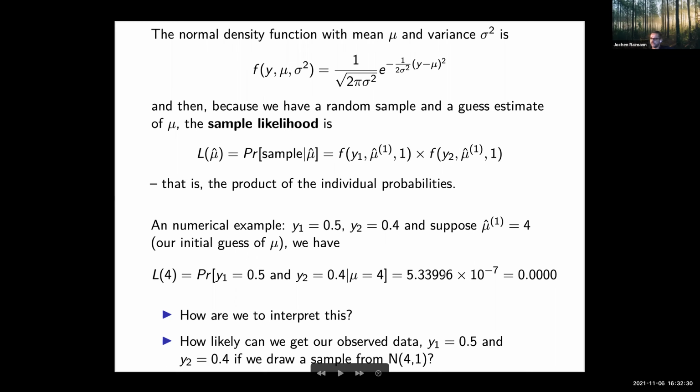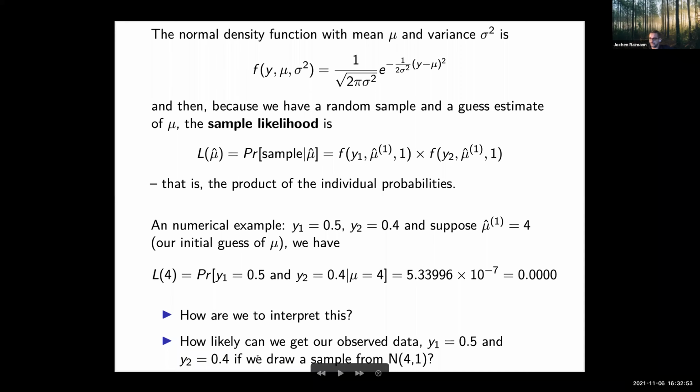So now this probability essentially is shockingly low, and it was a pretty bad guess, obviously, because if you take a mu of 4 and you're taking a variance of 1, you can only imagine how far off your 0.5 is going to be, right? This is not really where you want it to be.